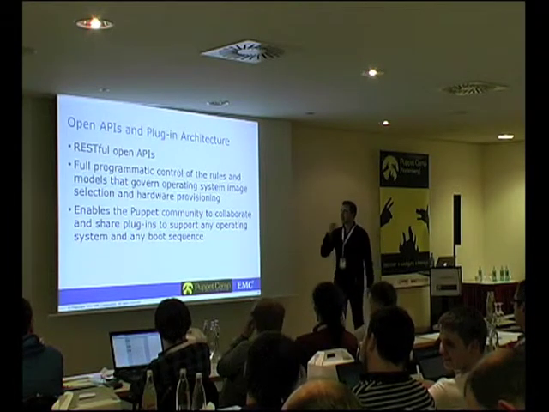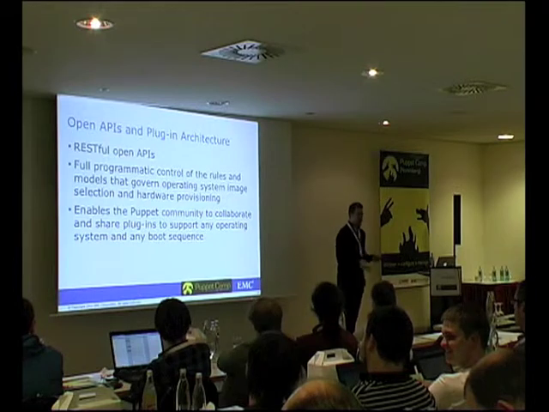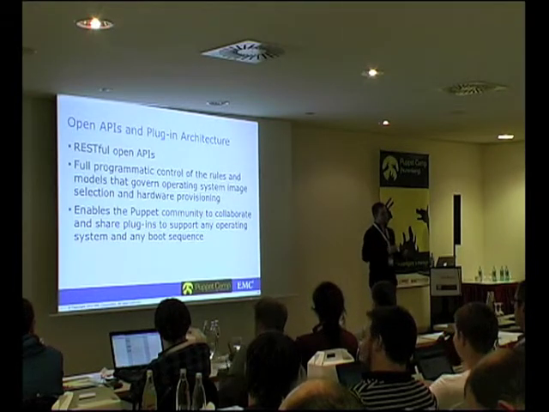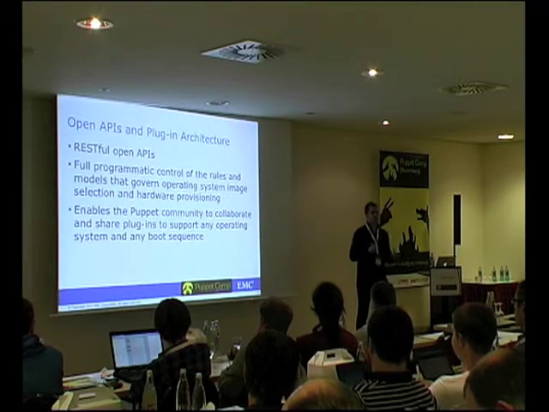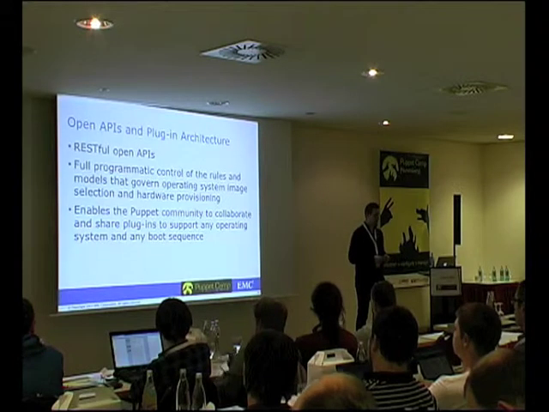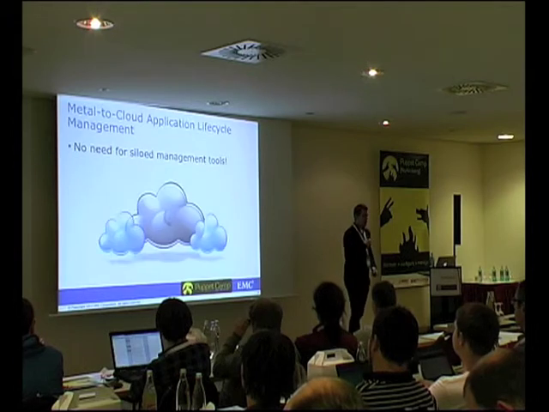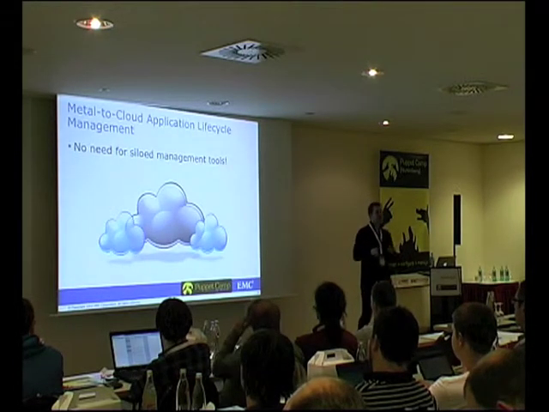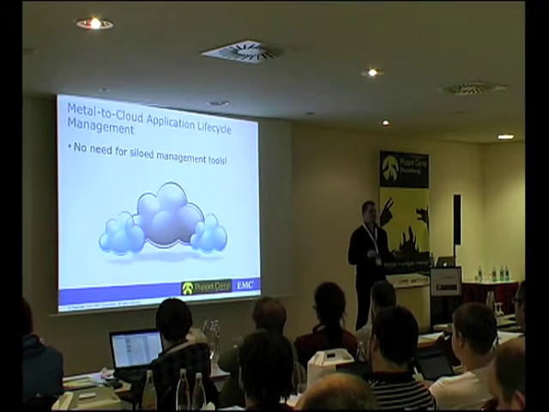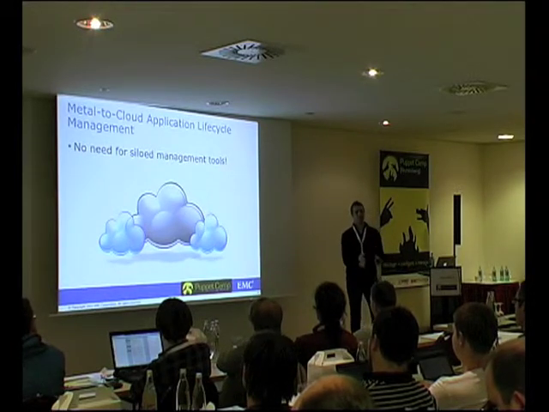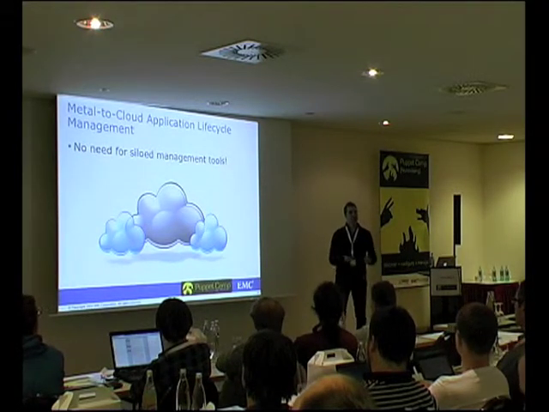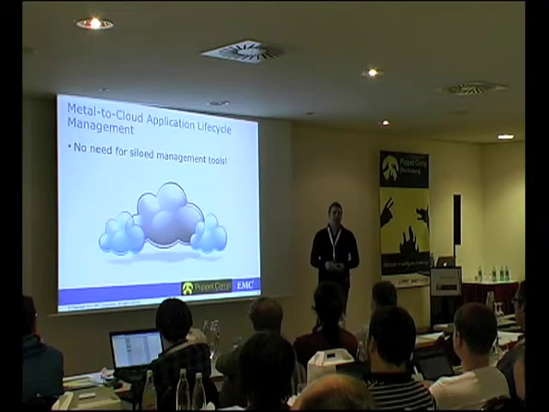So it's really easy to have full programmatic control of all the provisioning inside your private data center or private cloud, if you want to call it that. So in the end, this gives us a metal to cloud deployment model, from bare metal or virtual metal to a cloud-driven operating model.